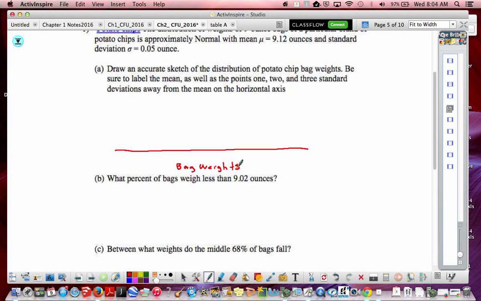And so our mean, if we draw our standard normal curve, nice bell-shaped curve, the mean was 9.12 ounces. So approximately where the curve changes curvature is the distance of one standard deviation. So we go 1, 2, and 3 standard deviations in both directions.